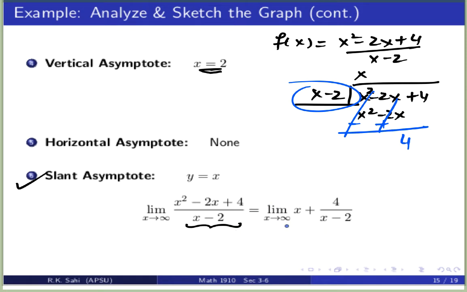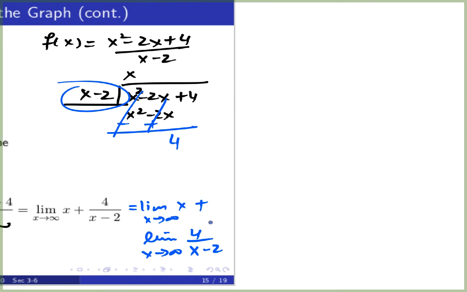So when you take the limit, what happens here, guys? Now this limit is the limit as x tends to infinity of x, plus the limit of 4 over x minus 2 as x tends to infinity. This we already know is going to be 0, because if we divide by x, remember this is your horizontal asymptote. Do you see that here? So this is going to be 0 because it's 4 over x. Okay, let me just do the math once again. For this one, limit as x tends to infinity of 4 over x minus 2.